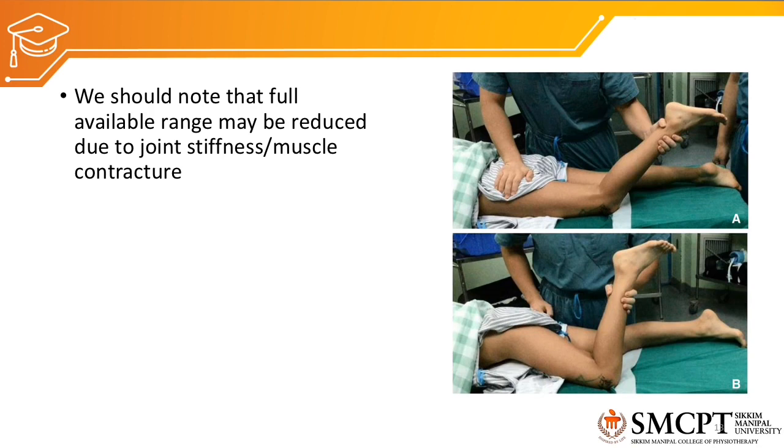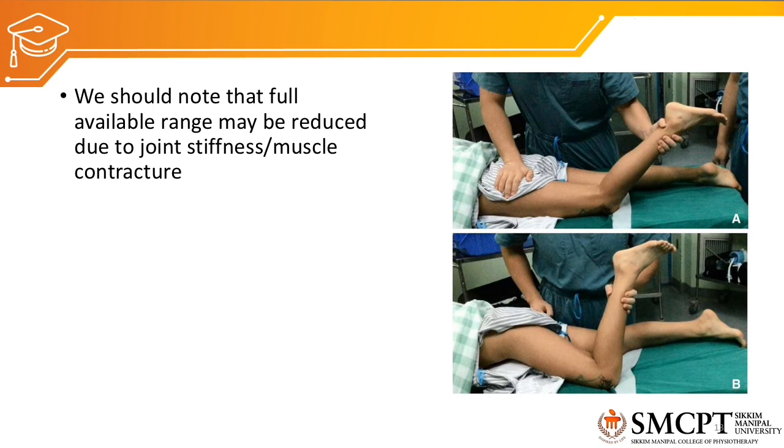Passive knee flexion is performed only till 90 degrees. Beyond that, the rectus femoris is not allowing. So in this case, the available full range of motion would be 0 to 90 degrees and not the normal full range of motion, which is 0 to 135 degrees of knee flexion.